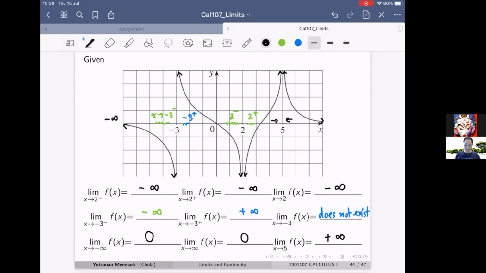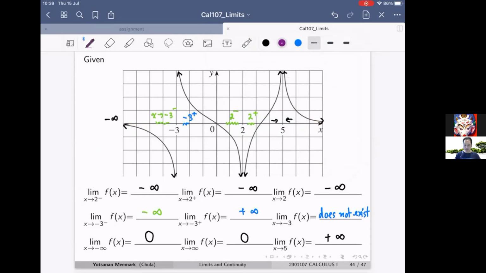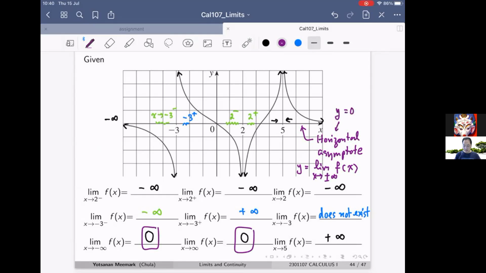And then you can also get more information. For example, the horizontal asymptote is y equals the limit as x goes to either positive infinity or negative infinity, and both of them are going to 0. So the horizontal asymptote has the equation y equals 0.